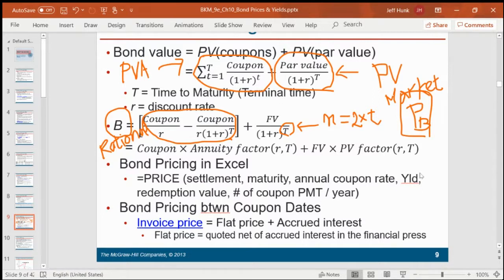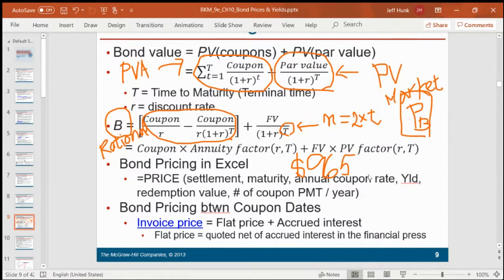Of course, we don't live in an ideal universe, but let's say we calculated the price of the bond, and it is, let's say, $965, right?